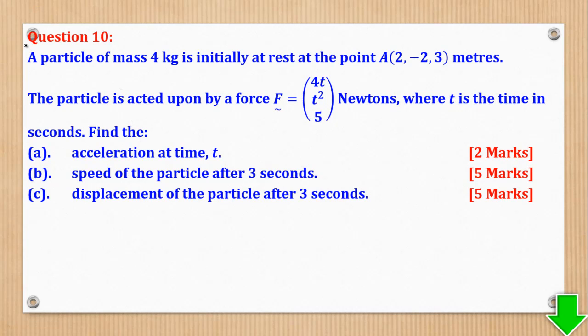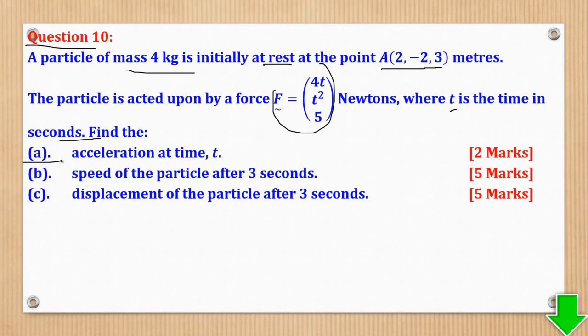So now we shall go to question 10. This is a question from mechanics and says: a particle of mass 4 kilograms, initially at rest at the point A, with coordinates (2, -2, 3) meters, is acted upon by a force given by this, where t is the time in seconds.